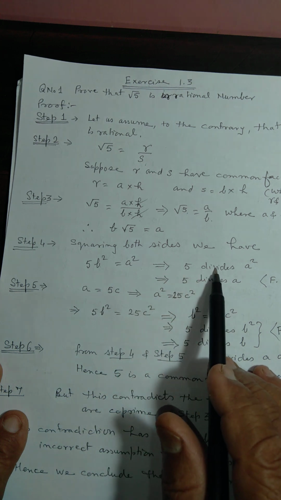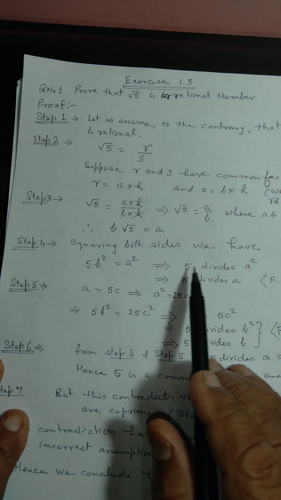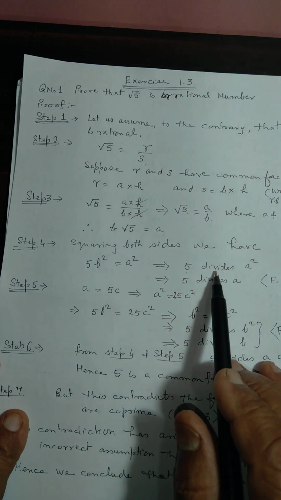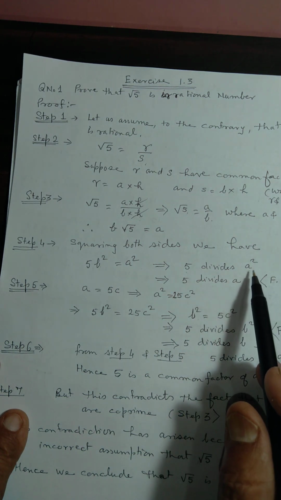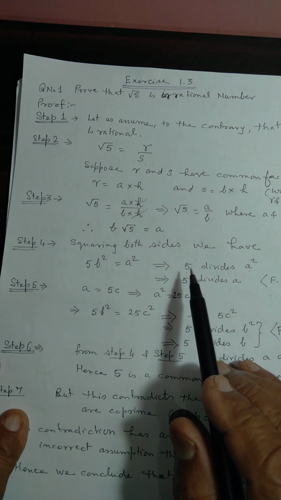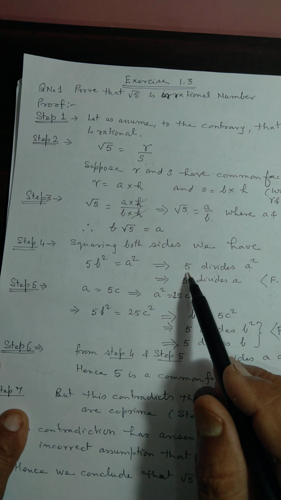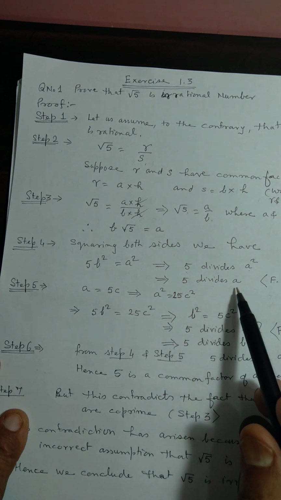Therefore 5 divides a square. And 5 is a prime number. If any prime number divides the square of a number, then it will divide the number itself. So 5 divides a.